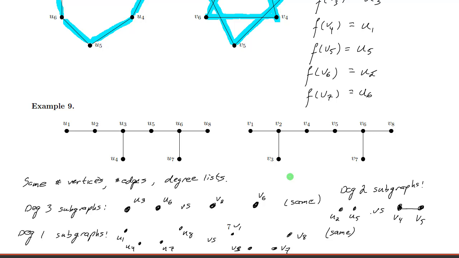Since V4 and V5 are both degree 2 and adjacent in this graph, whatever I map them to is going to have to be adjacent in the second graph. And I have no way of taking a degree 2 vertex in the V graph and mapping it to a degree 2 vertex that's adjacent to another degree 2 vertex in the first graph. That sort of adjacency would need to be preserved, and I can't do that with the second one. So that is finally enough to tell us that these are non-isomorphic.